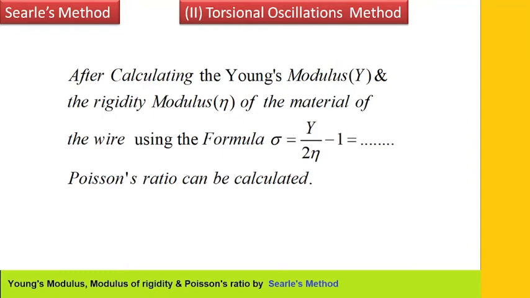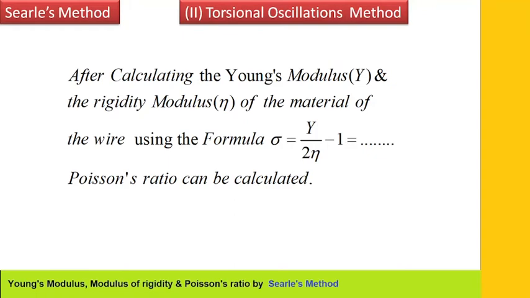So this is all about Searle's method. It is divided in two parts or two methods: the torsional oscillations method, and earlier we have seen the flexural oscillations method. The flexural oscillations method is for finding Young's modulus, and the torsional oscillations method is for finding modulus of rigidity.